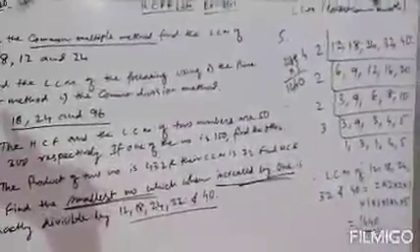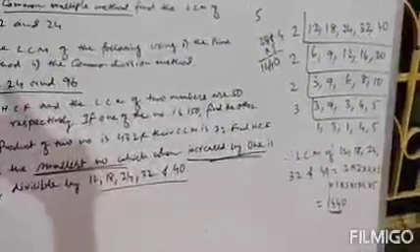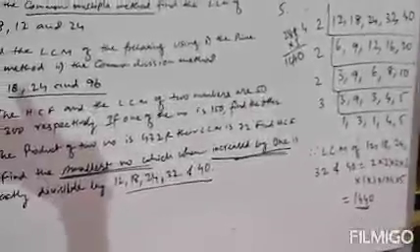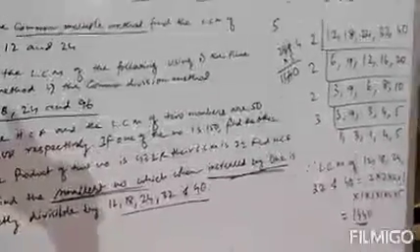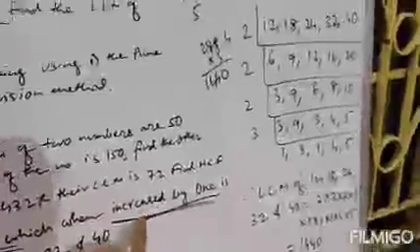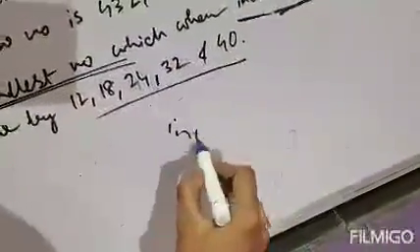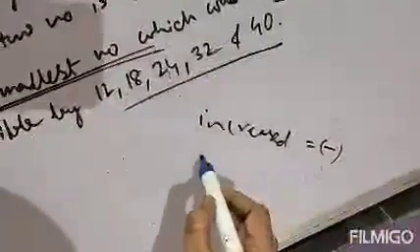Listen carefully. If they are asking increased, we will just subtract from the LCM. As this is increased by 1, we will just subtract 1 from the LCM. And if they are asking decreased, we will just add that number to the LCM.